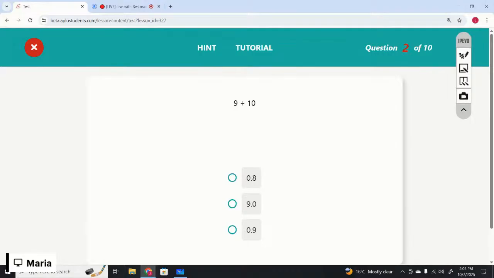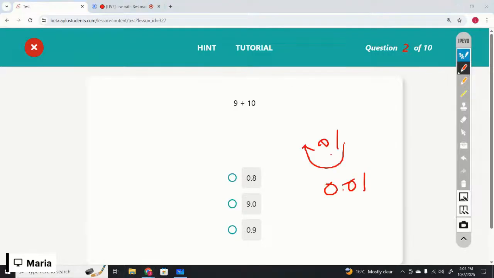Nine divided by 10. So the divisor only has one zero, right? So you need to move the decimal point one place left. So it would be moved from here to here. So that is 0.9.